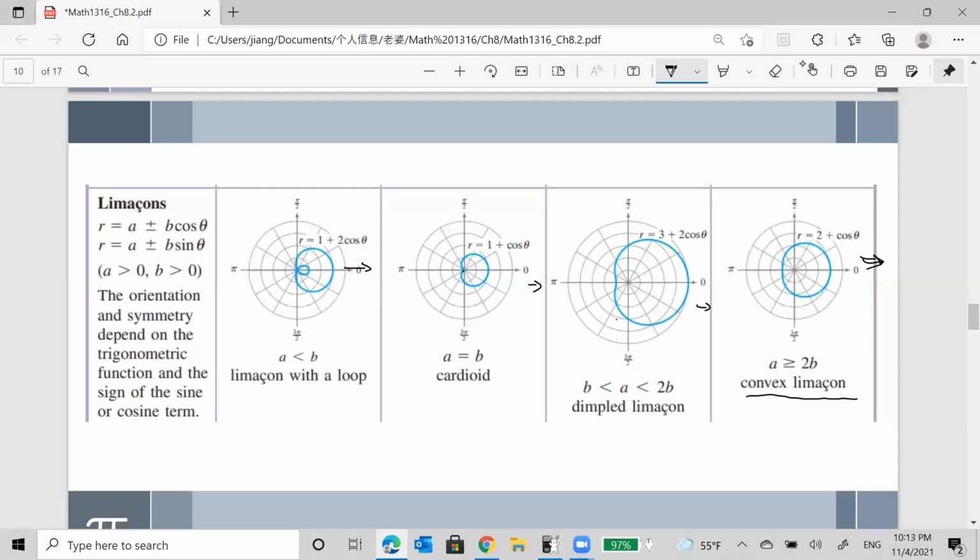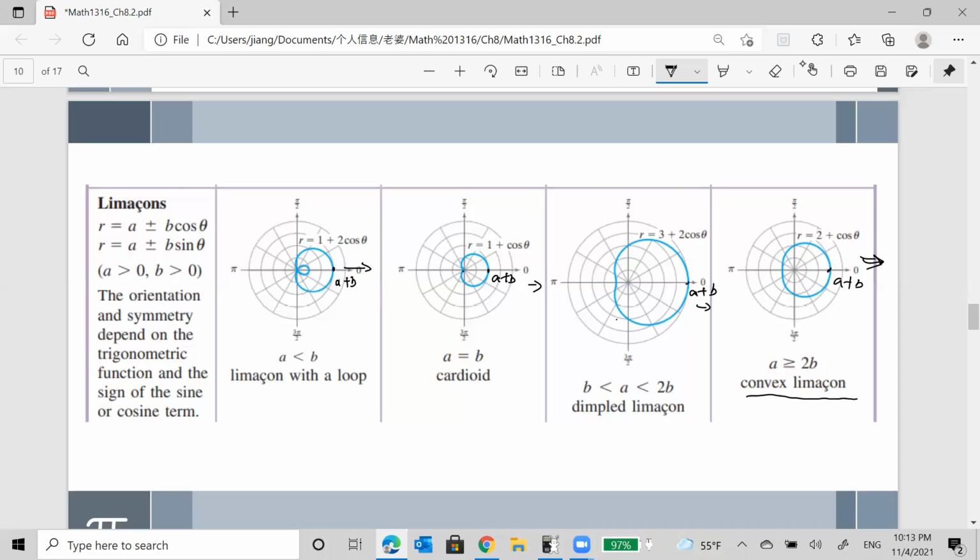Okay, the important point here: this point equals A plus B. This point is also A plus B. This point is A plus B. This point is A plus B. Since this is A plus B times cosine theta, my limaçon is lying on the polar axis.